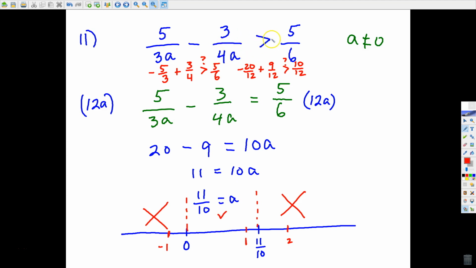The left side will be greater. And so our answer will be all the numbers in between 0 and, since we're using a as our variable, all the a's, all the numbers that fall between 0 and 11/10. And that is my answer for number 11.